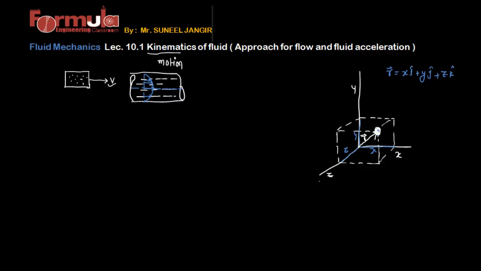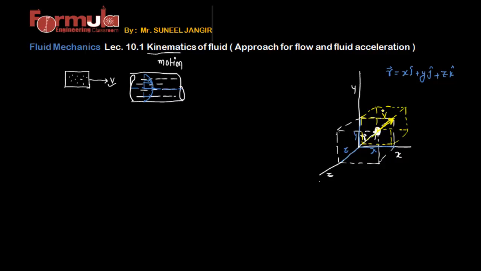And let's suppose this particle has some velocity. I'm saying the velocity is v, in some random direction. That velocity vector v will also have three components in the respective x, y and z directions.